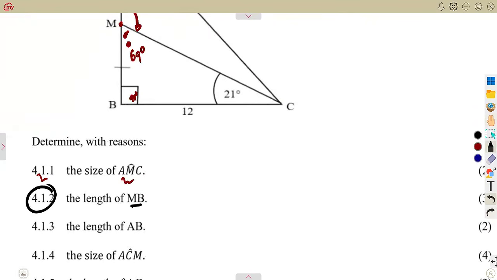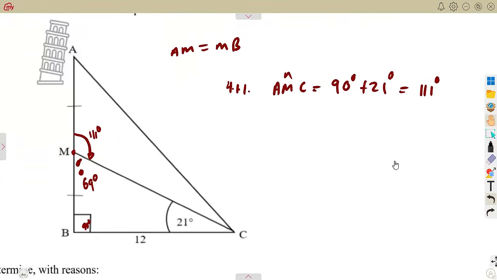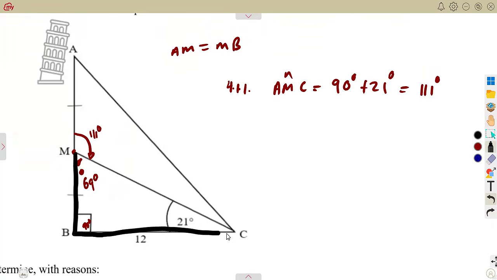4.1.2, the length of MB. If you consider M to be this part here, we are forming a right-angled triangle. You can use the 69 degrees or you can use the 21 degrees because you know the properties of a triangle, it'll be up to you.